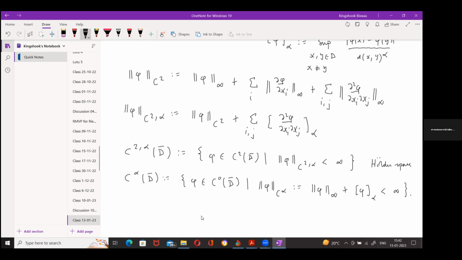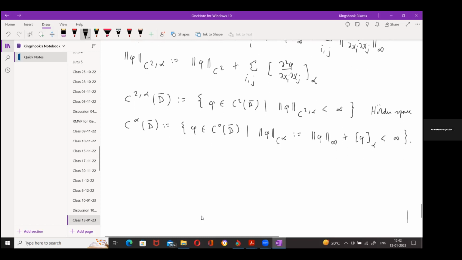And then there's a fundamental theorem called the Schauder estimate.